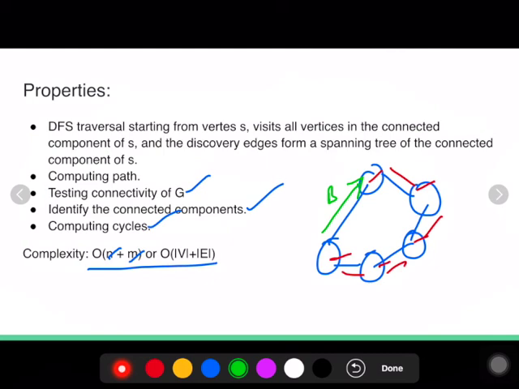In the worst case, when we run a DFS traversal, it will visit all the vertices and it will visit m-1 edges. That's the reason in big O notation we can say that the complexity is order of n plus m, where n is the number of vertices and m is the number of edges.